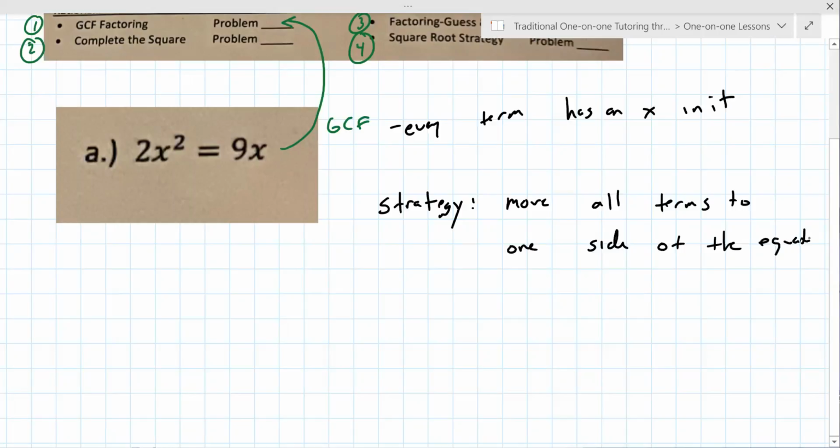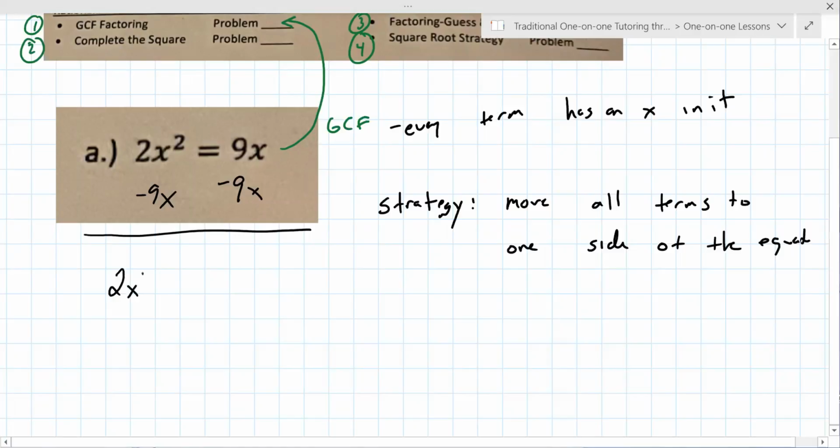What I mean by that is we're going to subtract 9x from both sides of the equation. So on the left, it becomes 2x squared minus 9x equals 0. You're subtracting 9x from both sides of the equation. It was positive 9x, so when you subtract 9x, it goes away completely.